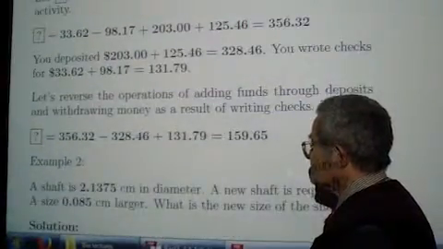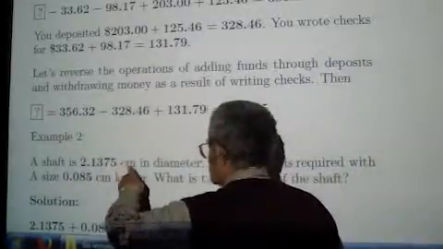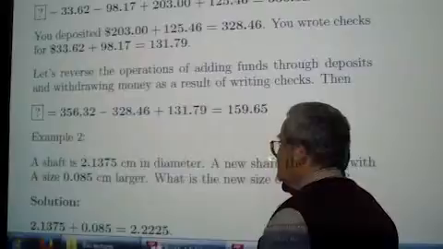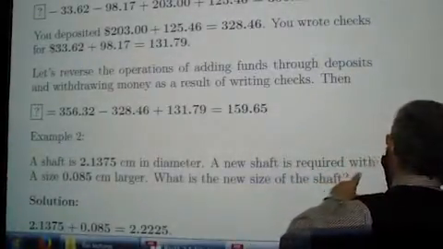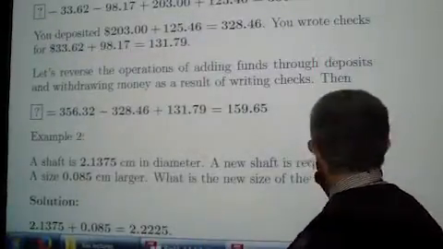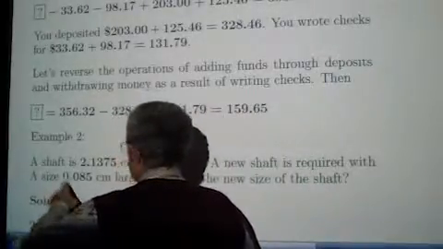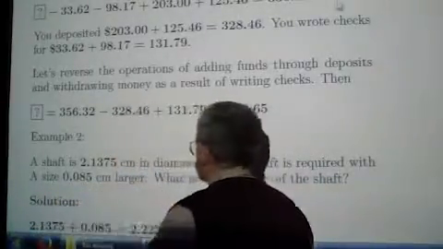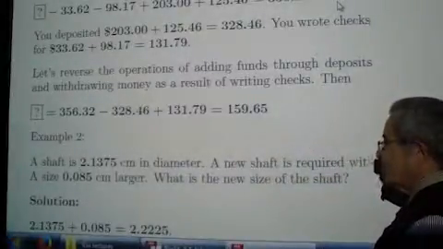Example 2. A shaft is 2.1375 centimeters in diameter. A new shaft is required with a size that is 0.085 centimeters larger. What is the new size of the shaft?